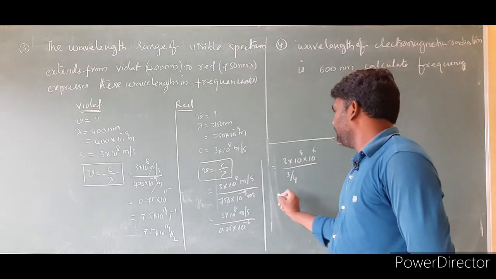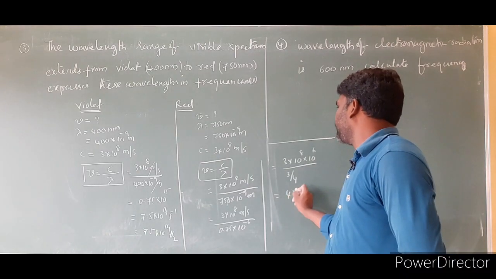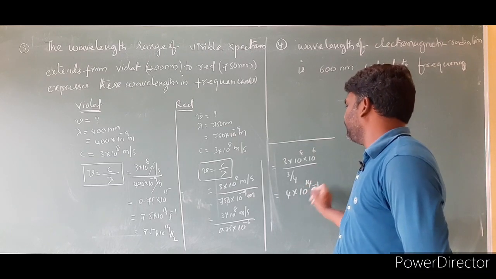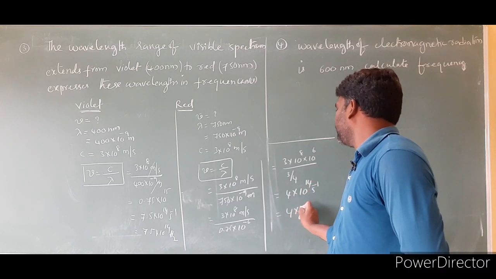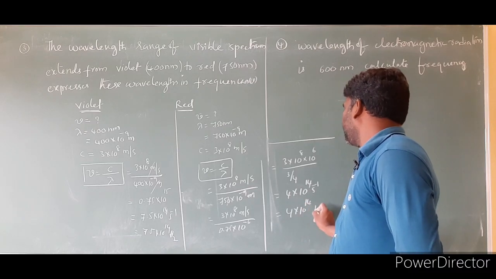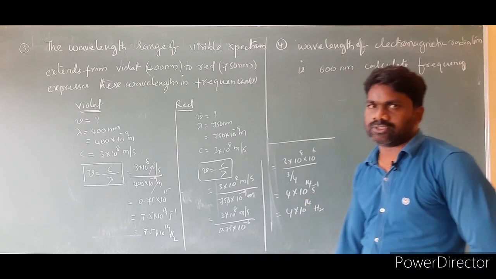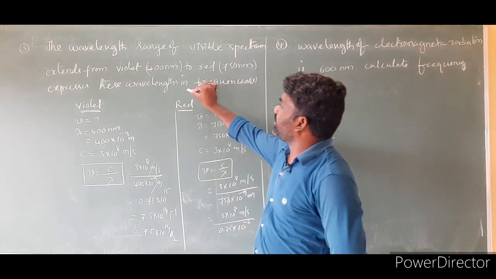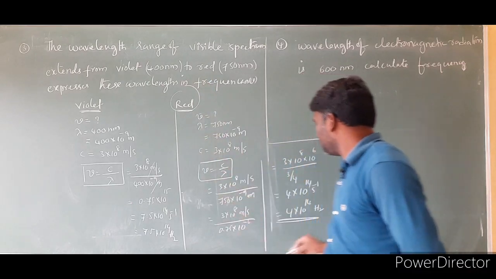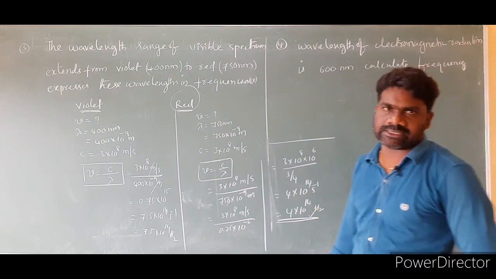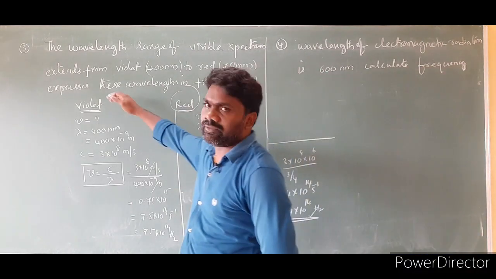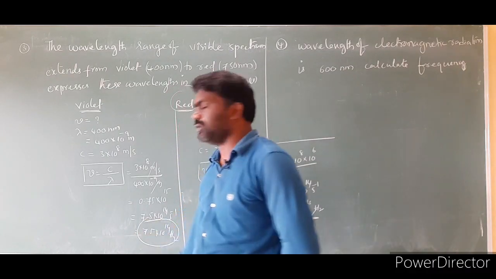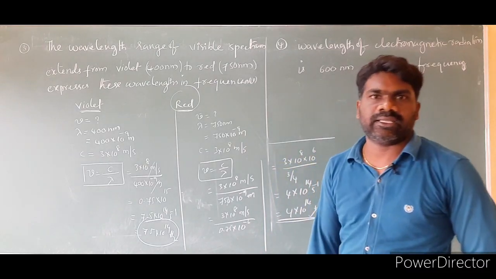The 3 cancels, so the answer is 4 into 10 power 14 second inverse, that is nothing but 4 into 10 to the power 14 hertz. 1 second inverse is equal to 1 hertz. So the frequency of red light is 4 into 10 power 14 hertz or second inverse, and the frequency of violet light is 7.5 into 10 power 14 hertz or second inverse.